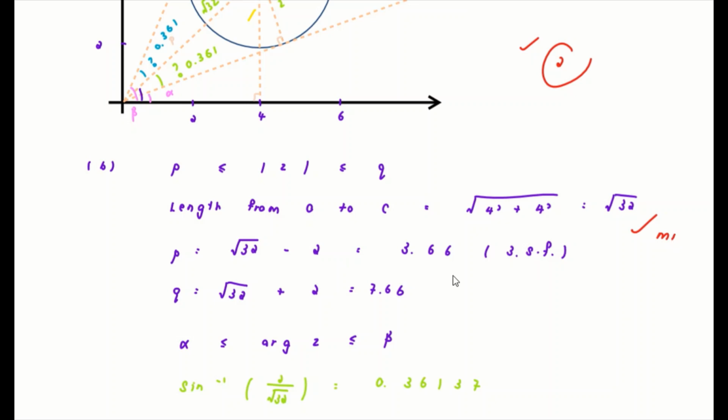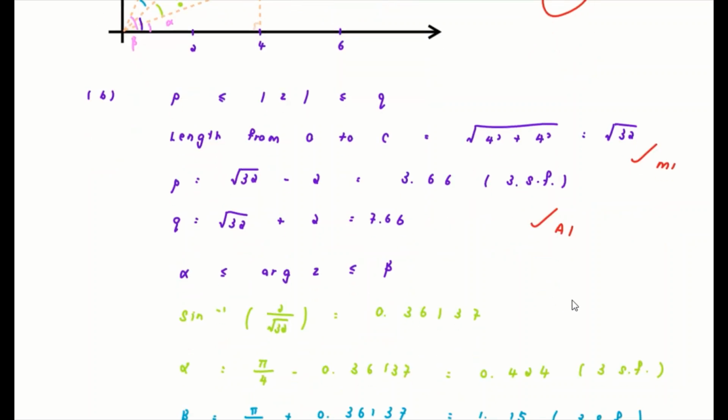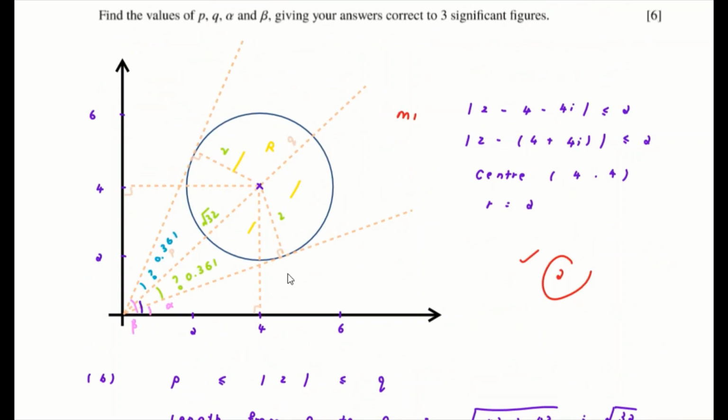Then you get your P and Q, and that's considered as A1. After you get it, you'll know that this is the tangent. So another M1 is shown here. The first M1 is this line. The second M1 is this line and this line, so this part and this part together.